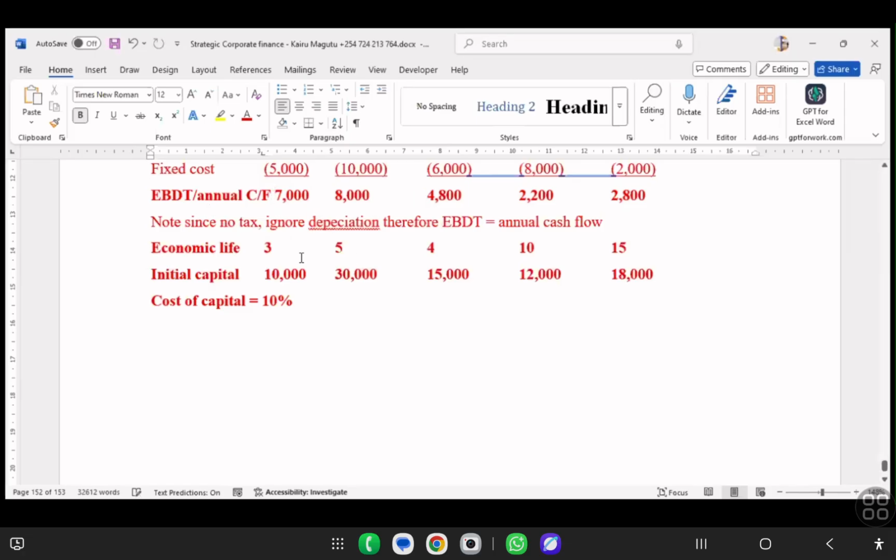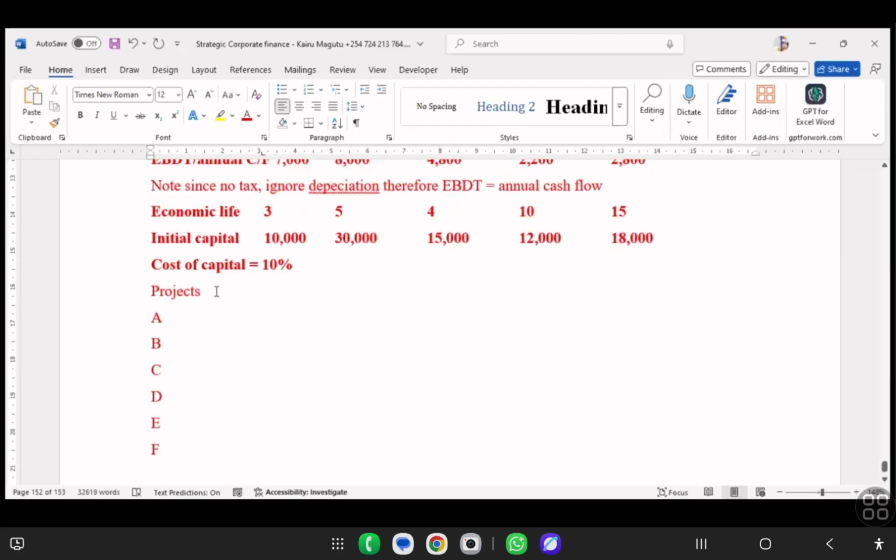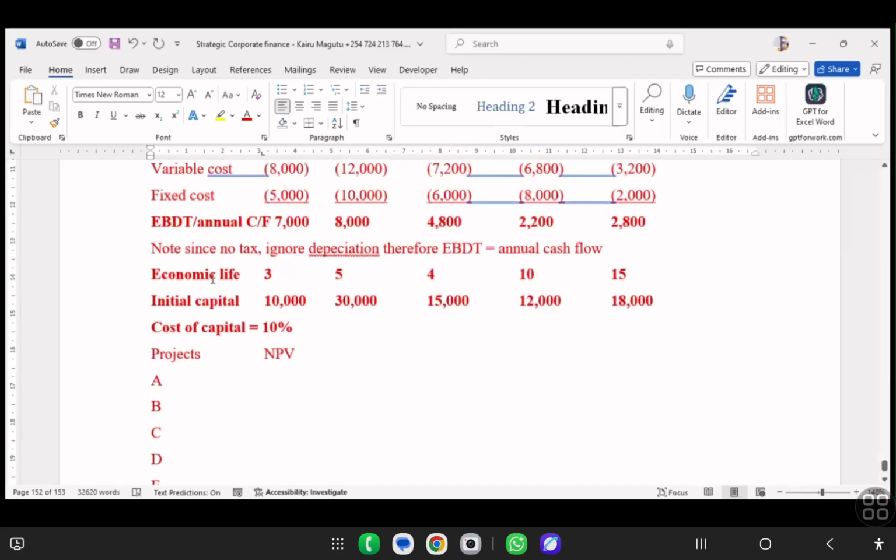Since we have the annual cash flow, the economic life, the initial capital, and the cost of capital, I want you to give me the NPV for projects A, B, C, D, E, F. I will give you 10 minutes.